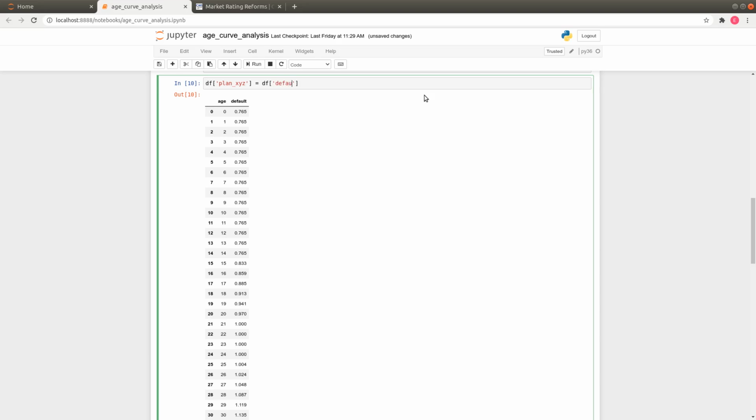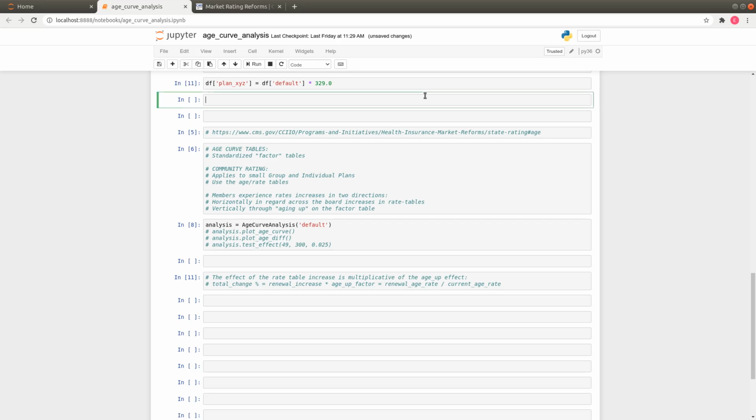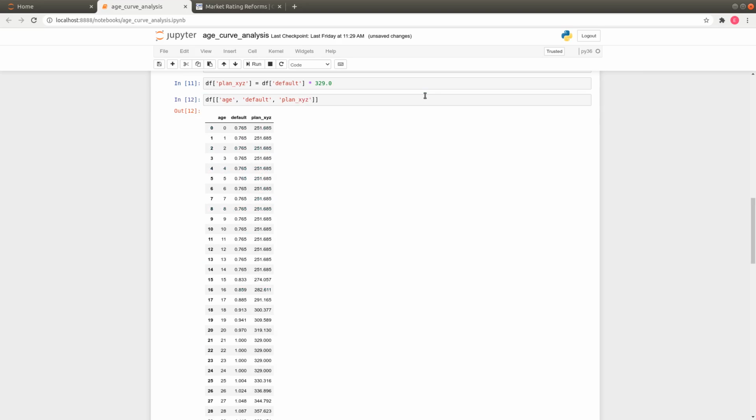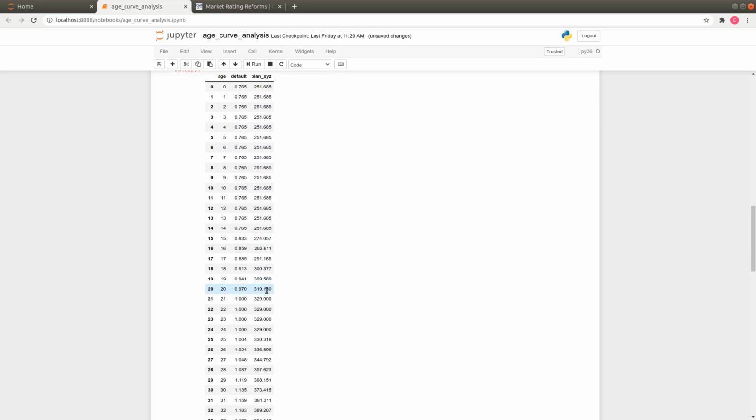We'll just use the number 329 just to keep things simple. And we go like that. So now we've created the column, and I'll put the factors on here so you can see that, and then plan XYZ. And here you go. So as you can see in age 21, the 1.0 factor is $329.